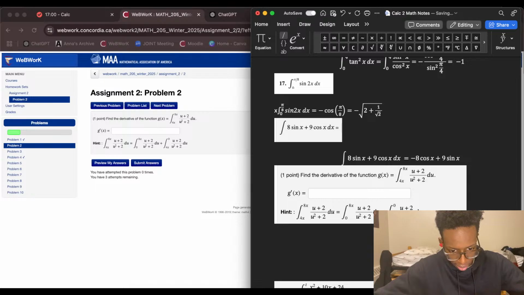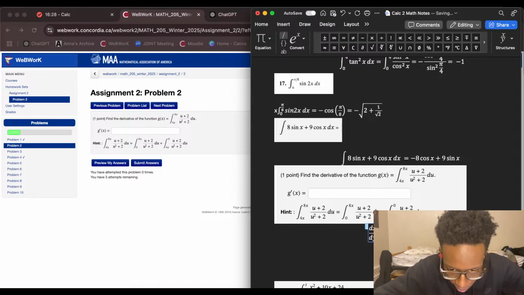So we'll just do the status quo. u plus 2 divided by u squared, because it's not x, so we'll have to actually multiply by the dx. So this is not that hard, but you just have to do the thing, right?